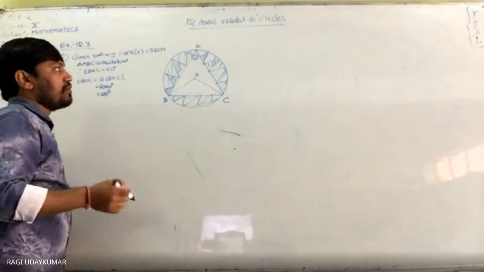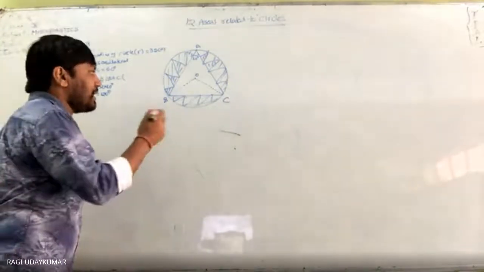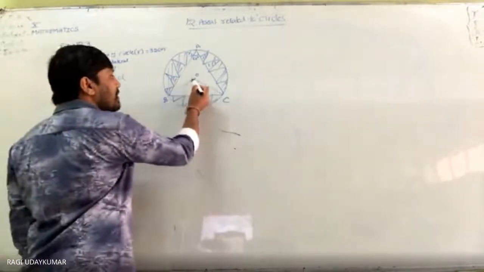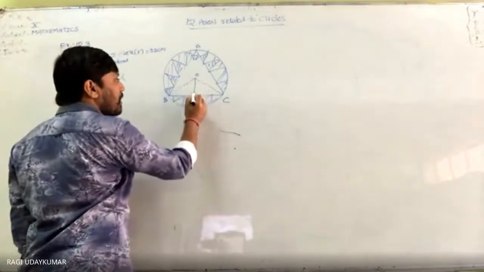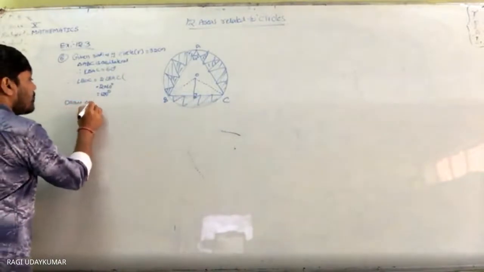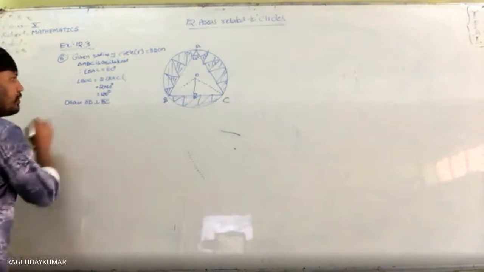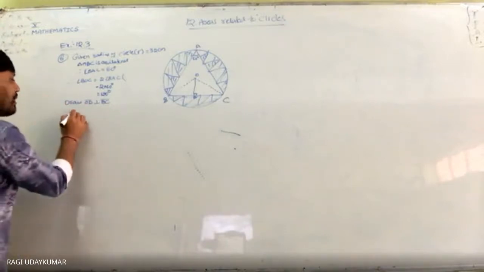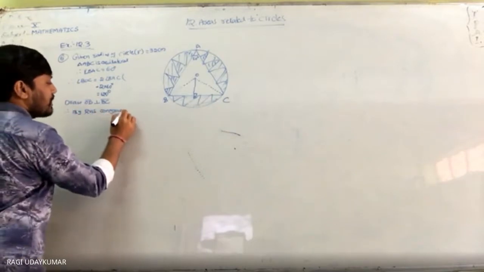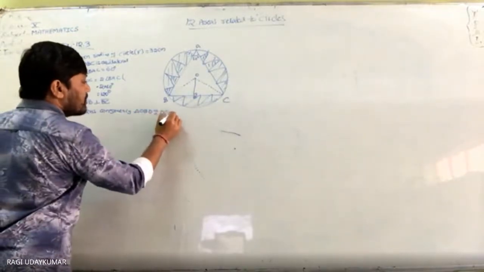So our intention is to find the radius OB. To find it, what is necessary for us is to draw a perpendicular from O. Draw OD perpendicular to BC. Therefore, by RHS congruency, triangle OBD is congruent to triangle OCD.